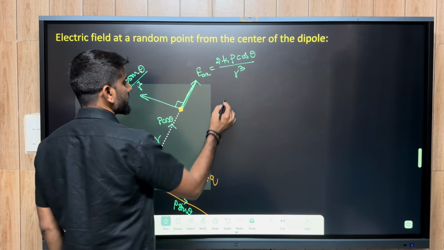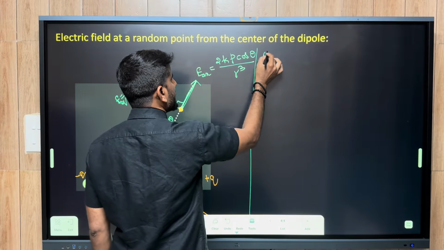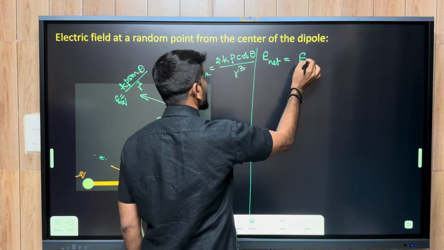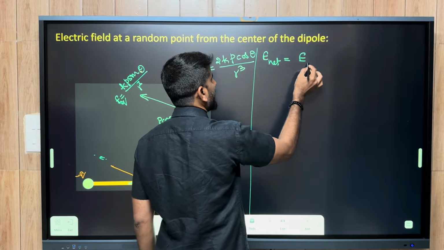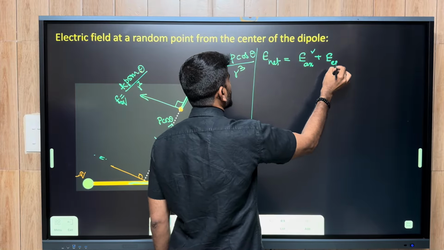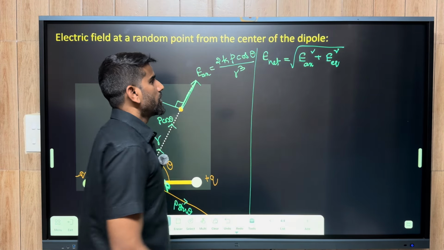Okay. Now, to find the net electric field, E net is equal to, as both of them are acting at right angles, the square root of E axial square plus E equatorial square. Right?